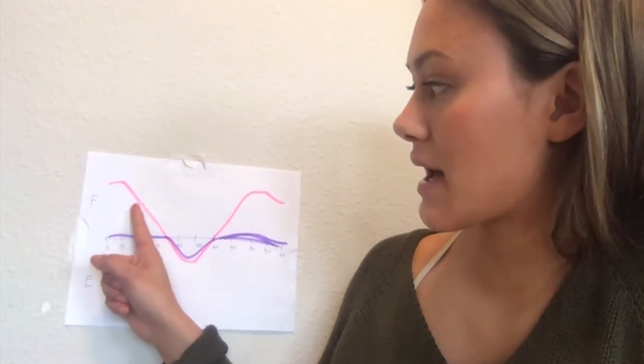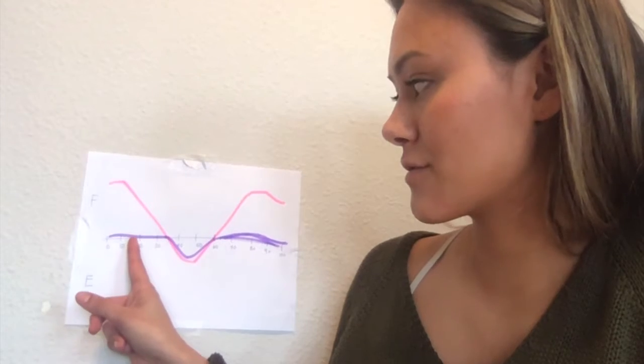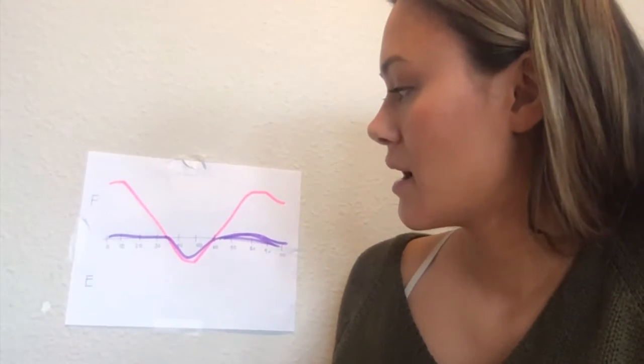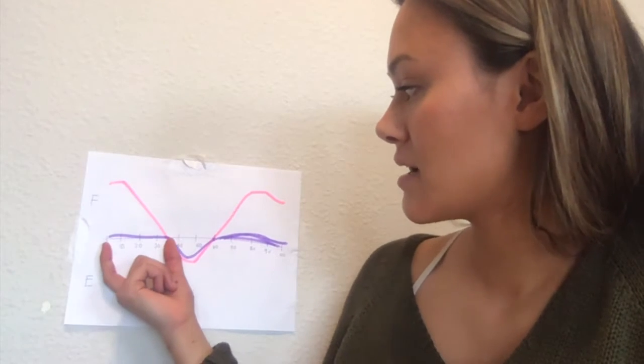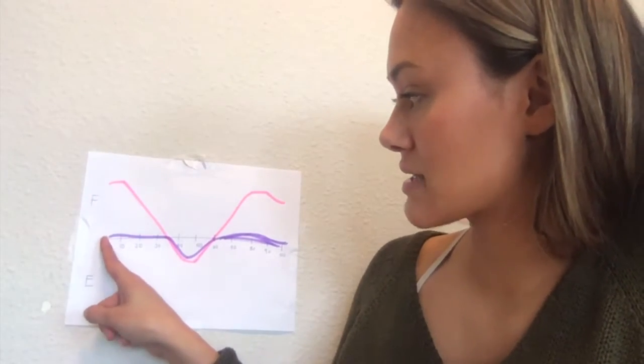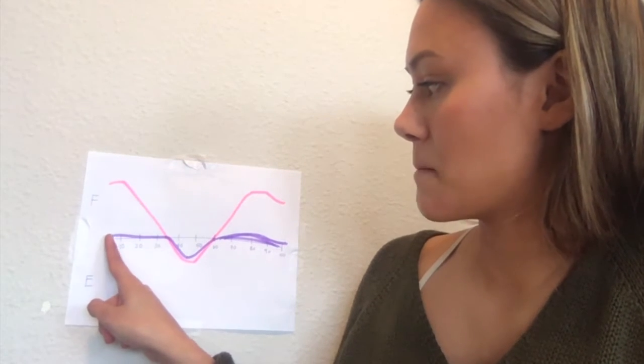I have pink as normal gait pattern and then purple as the deviation pattern for hip movement. Flexion is on the top, extension is on the bottom. So as you can see, typically when the hip is flexed during initial contact and stance phase, I have it more towards neutral.